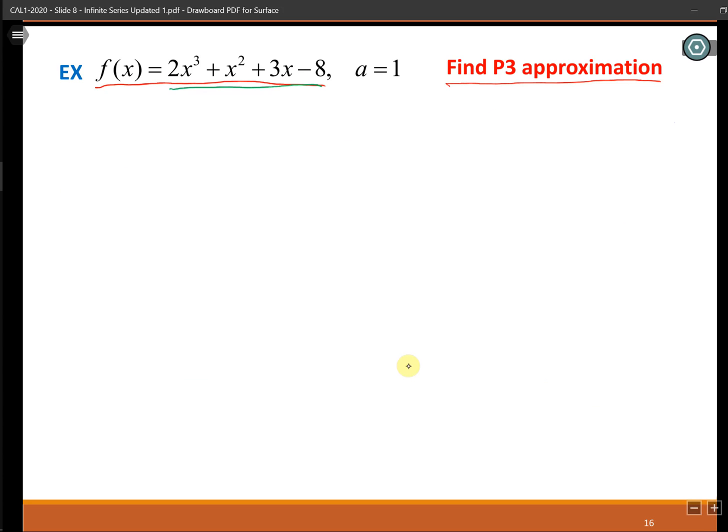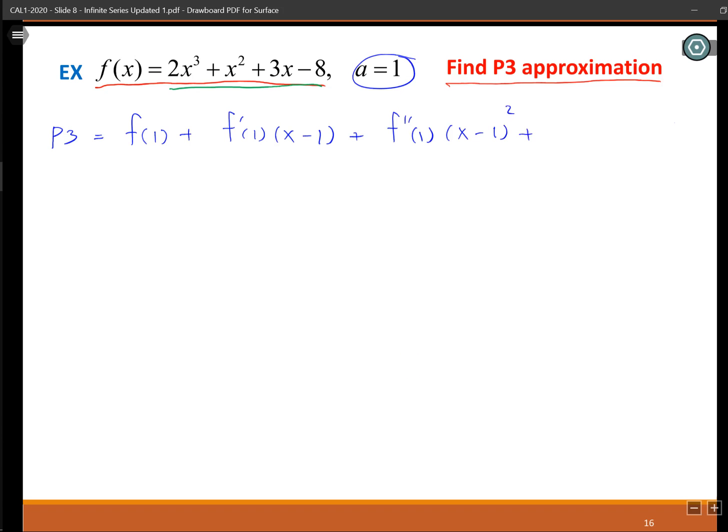So the P3 formula, once again, just like the previous example, would be f at a. And we have a equal to 1 here. So that would be f of 1. Second term would be the first derivative of f evaluated at a, and a equal to 1, times x minus a, equal to 1. Alright. Next, second derivative at a, that's 1, divided by 2 factorial, I forgot the 2 factorial right here, and x minus 1 to the power of 2.